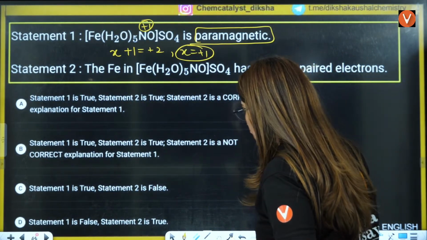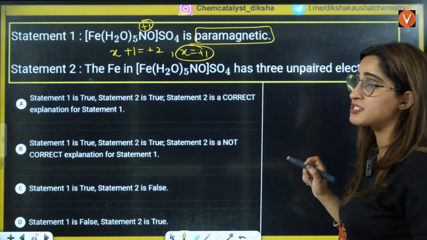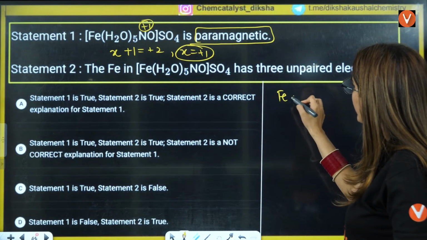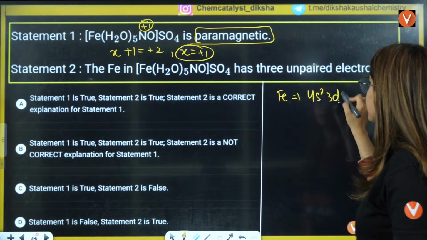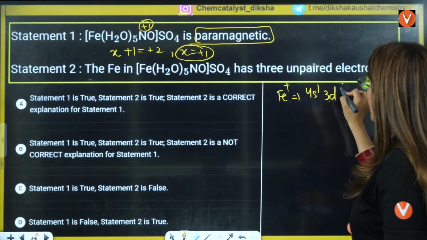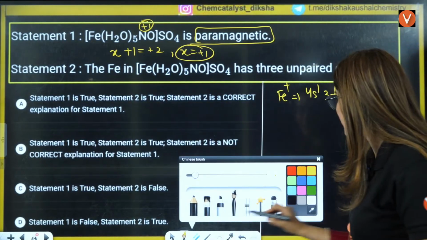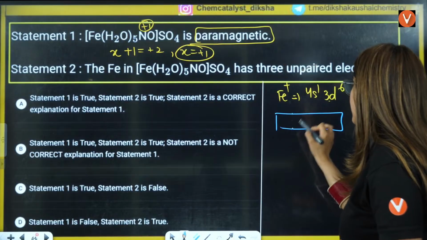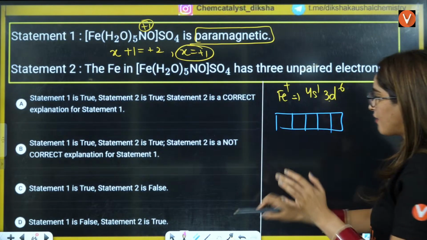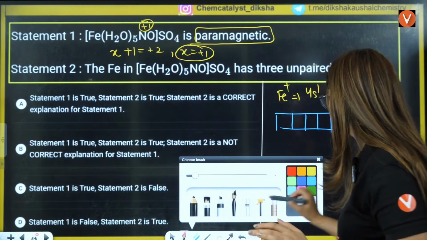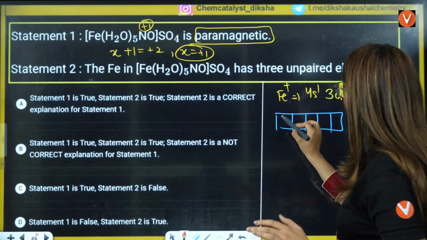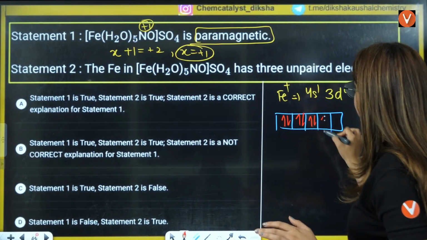NO is positive, it is in plus 1 oxidation state. It is also a very strong oxidizing agent, and also a very strong ligand. Iron, we know, is 4s2 3d6. Fe positive is 4s1 3d6. When you have a strong oxidizing, strong ligand here, it is going to pair them up. So you will have 3d6 here. So it is going to be 1, 2, 3, 4, 5, 6, 7.